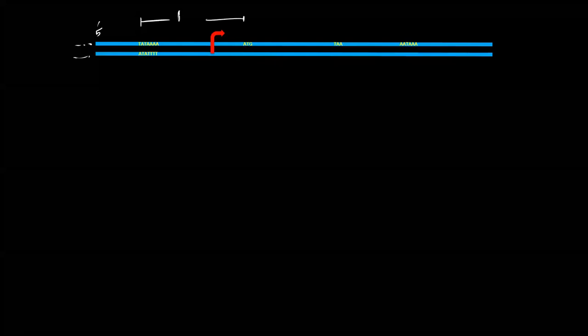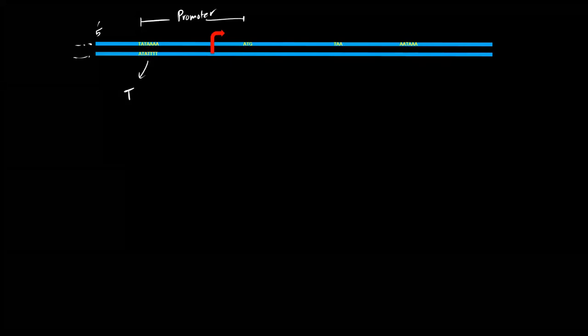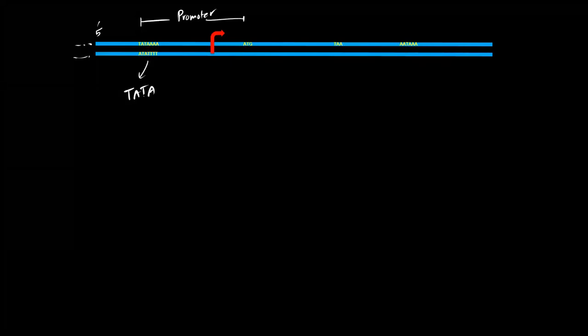This region, from here to here, is the promoter region. This promoter region contains the TATA box.